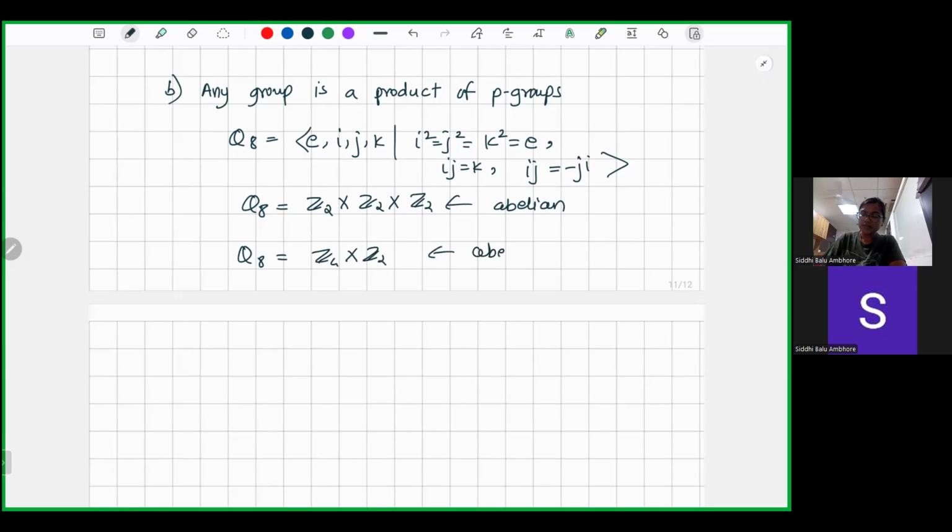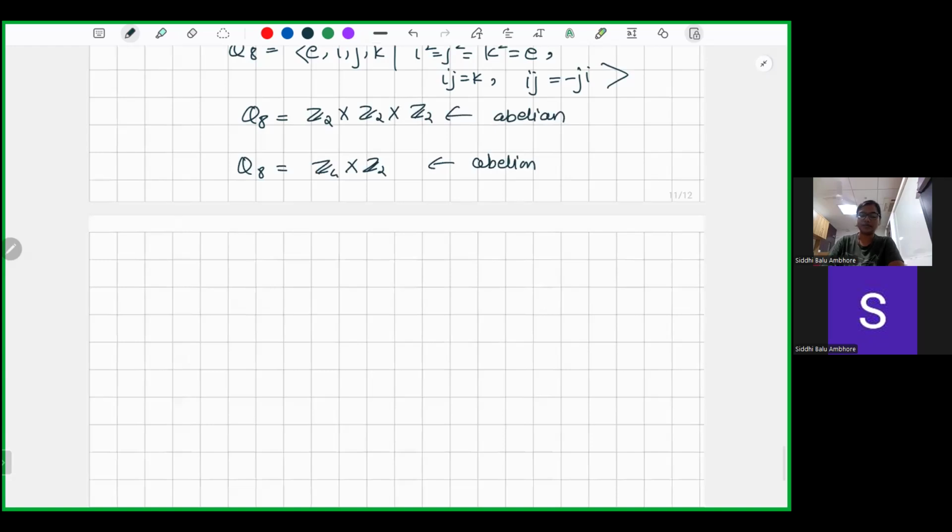And this will again be abelian because Z4 is abelian and Z2 is abelian. The direct product of two abelian groups is abelian. So this is not possible. Again, this won't be possible.